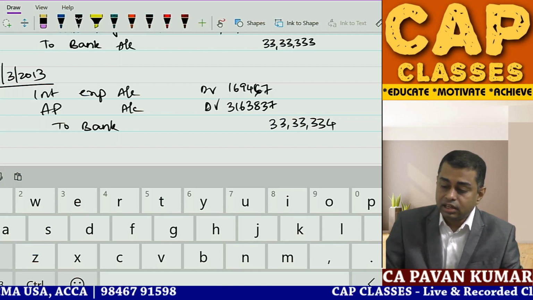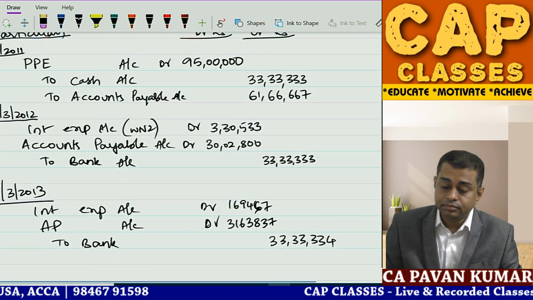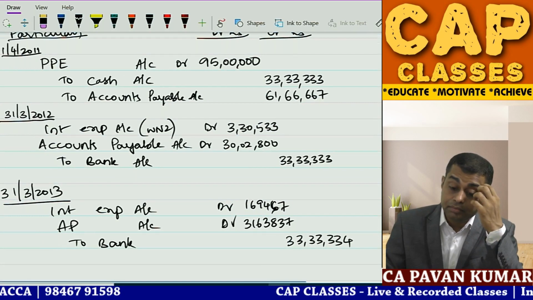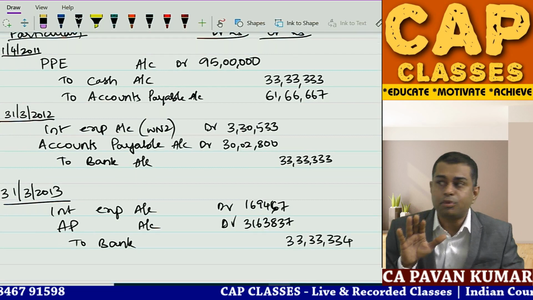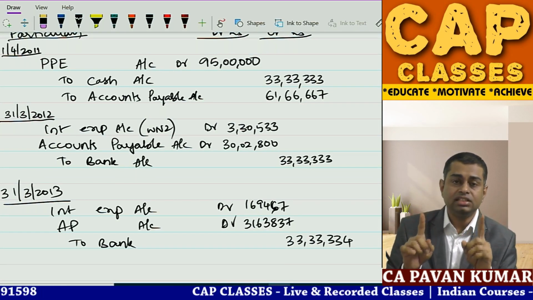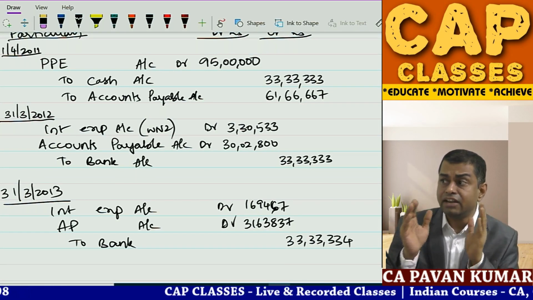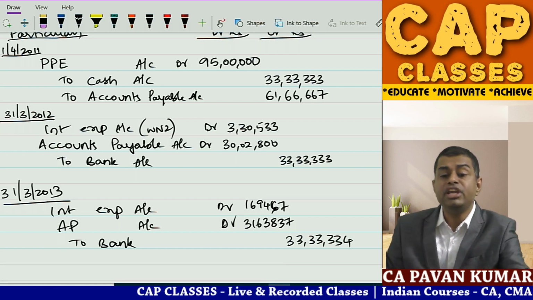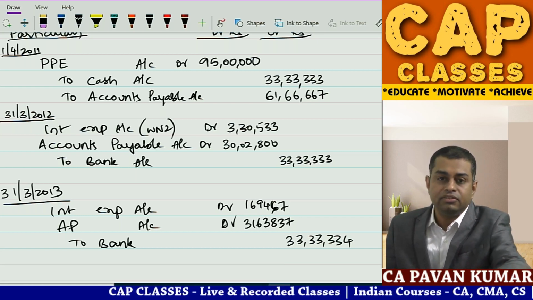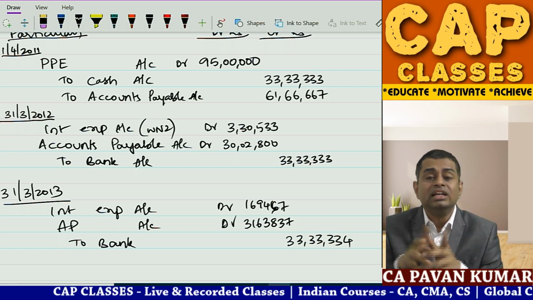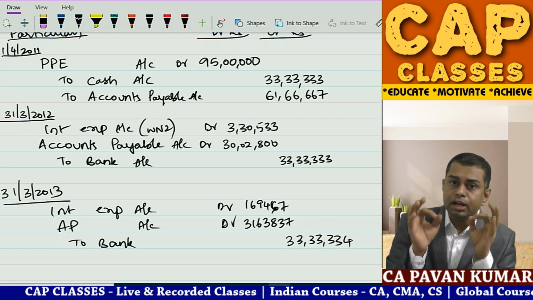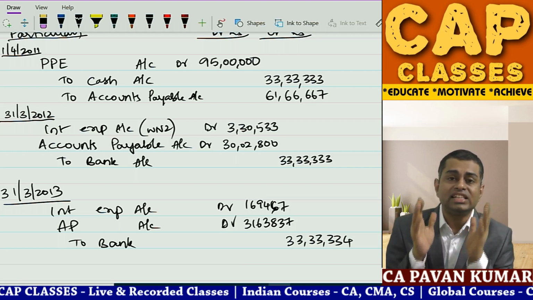Okay, these are the set of journal entries. 3 journal entries. Simple. So now we completed solving this problem. The concept is that when there is a deferred credit period beyond the normal credit period, then only the cash equivalent price can be recognized as an asset.